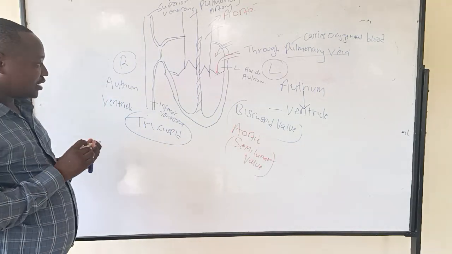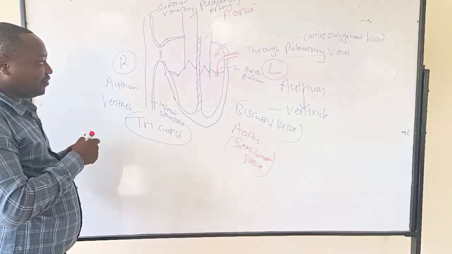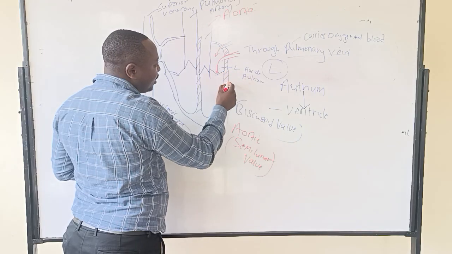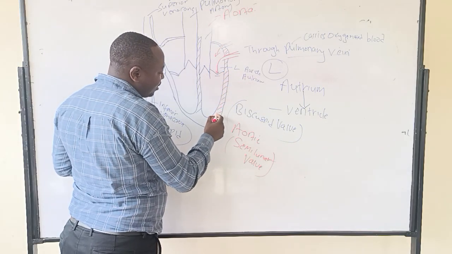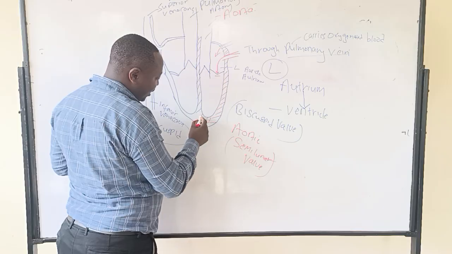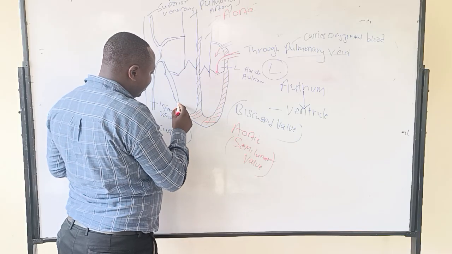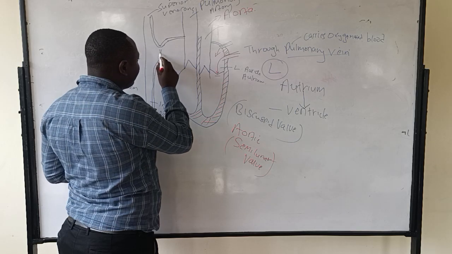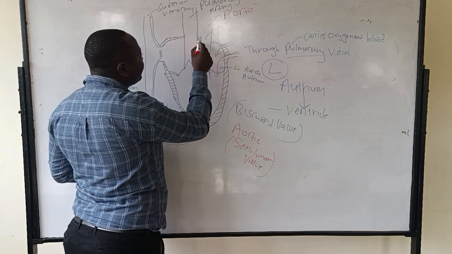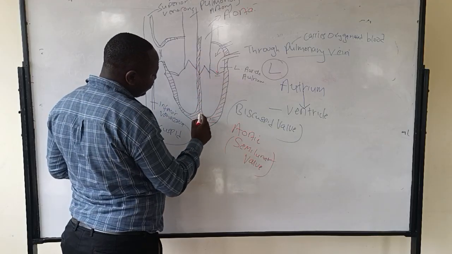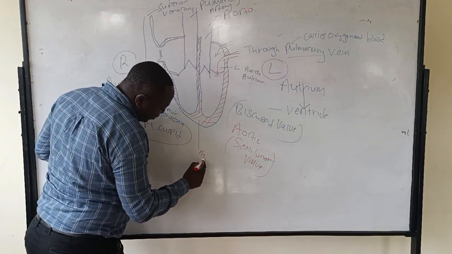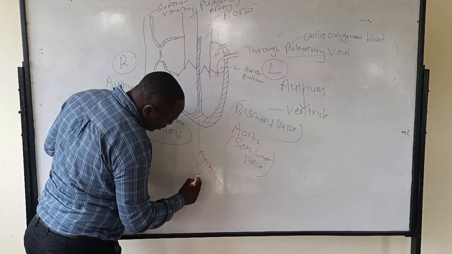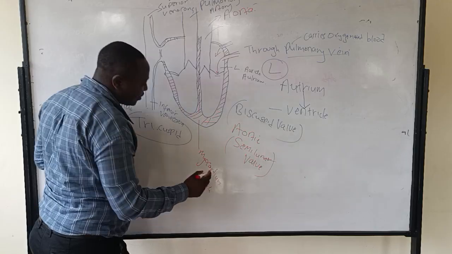But the other thing we need to remind ourselves is that the heart is made up of 3 layers of muscles. The one that I'm shading red is the medium cardiac muscle, which we call the myocardium muscles.